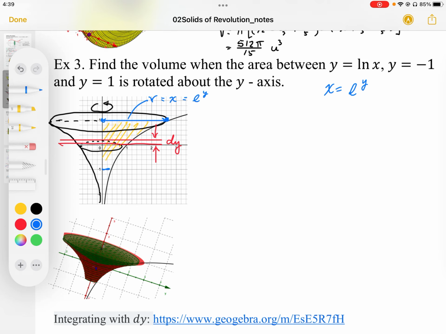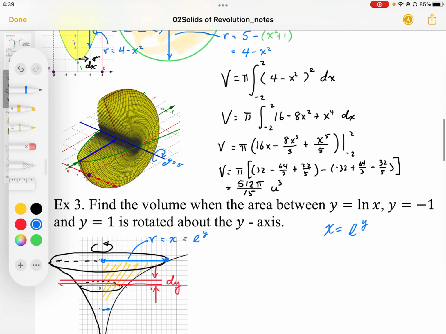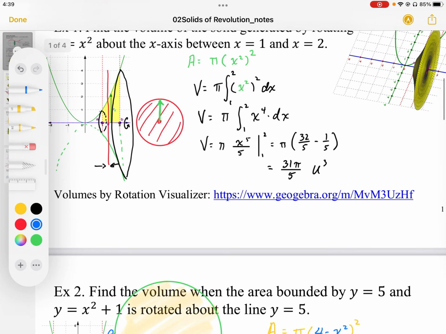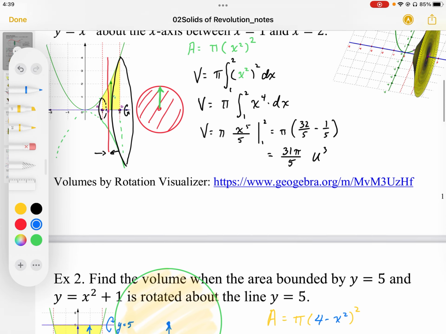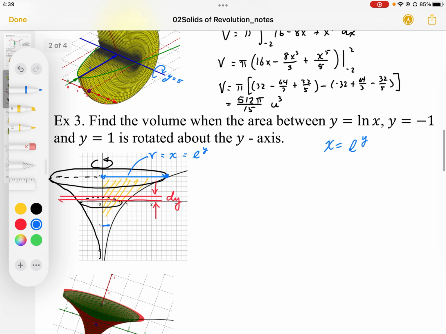And not only that, when we integrate this, we're going to have a variable y to integrate with dy. So in the previous problem, we rotated around the x-axis. We needed thicknesses of dx. If we rotate around the y-axis, we're going to take horizontal slices, and those slices are going to need a thickness of dy.